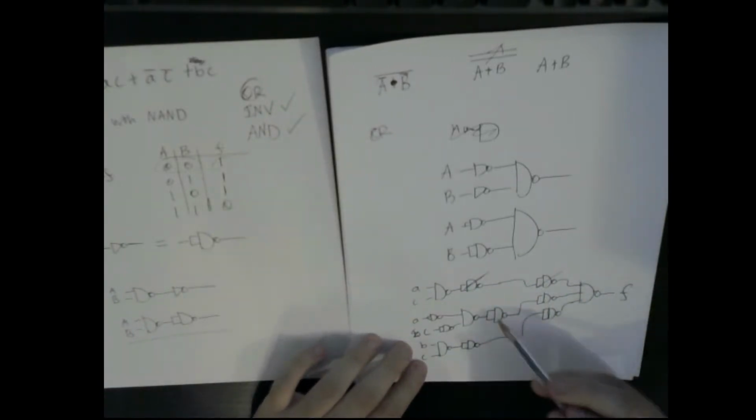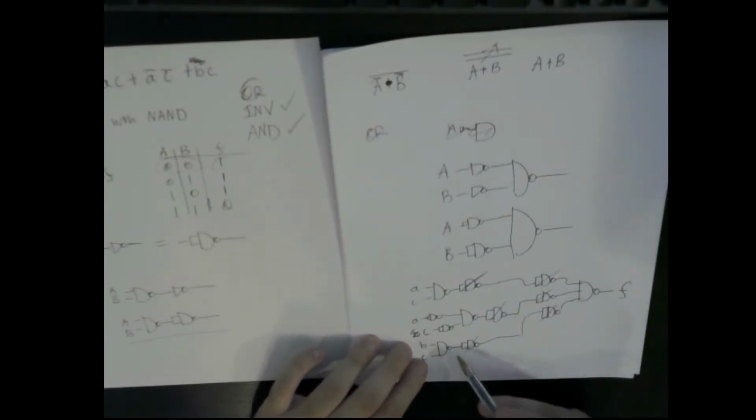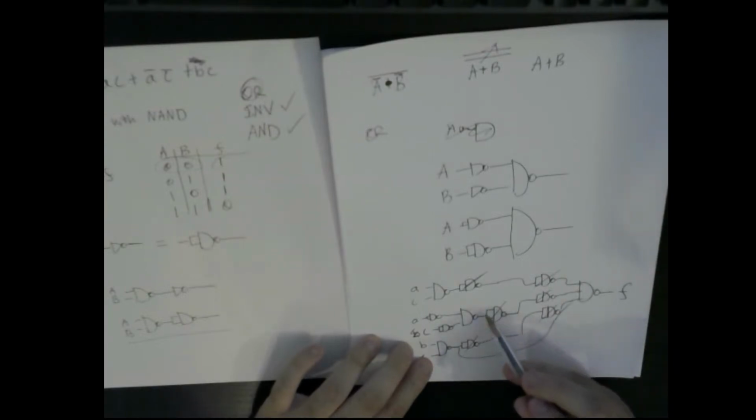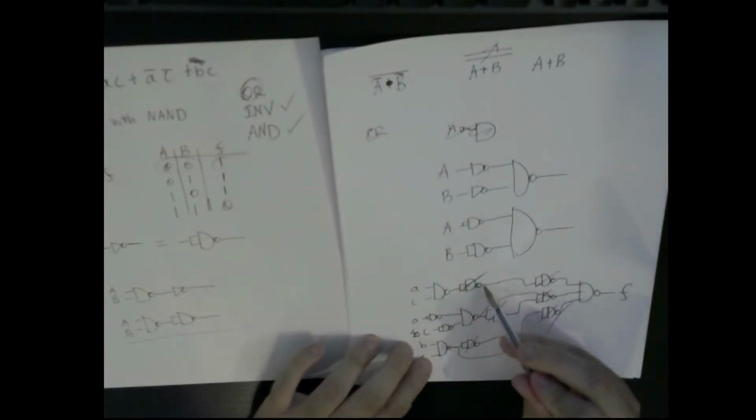So we can cancel out these double inverters, and just draw a straight wire to that. Okay, so that's how we implement a circuit using only NAND gates.